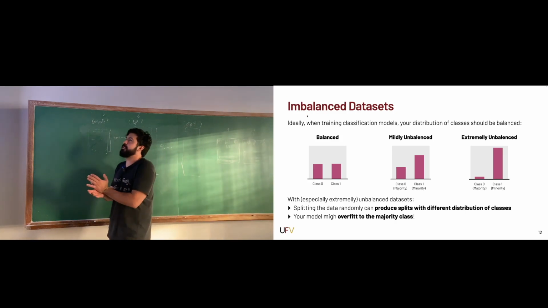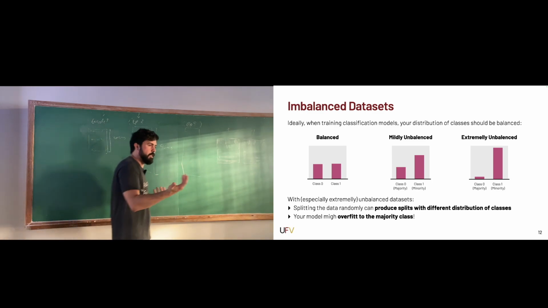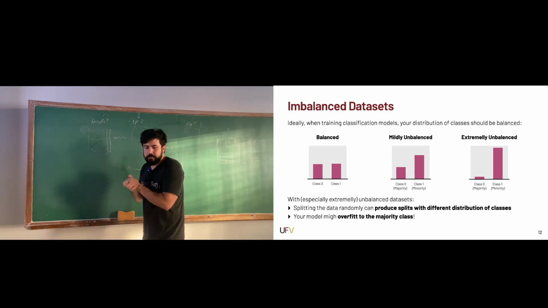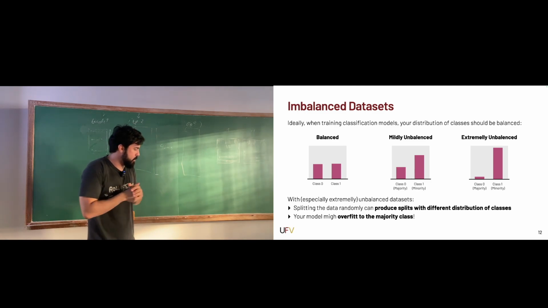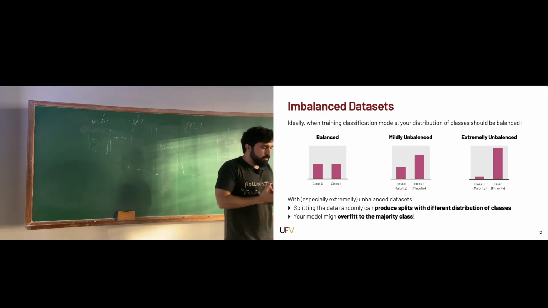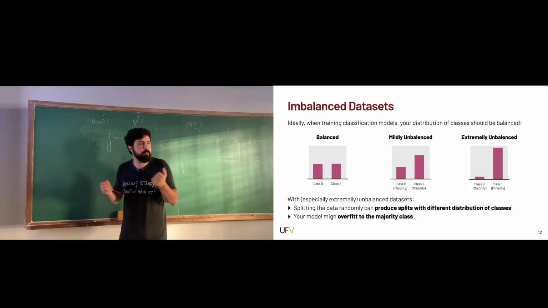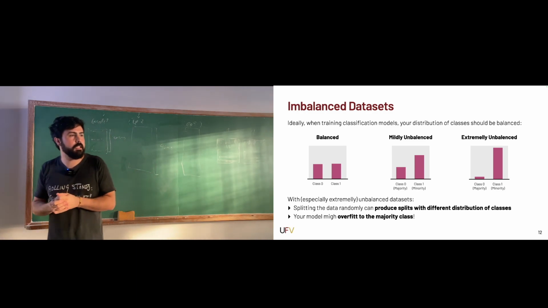So now talking about imbalanced data sets, and I guess Guilherme brought this question before, which is an important problem. We haven't mentioned this, but when you're collecting data, it's ideal to have the same distribution of classes in your data set.